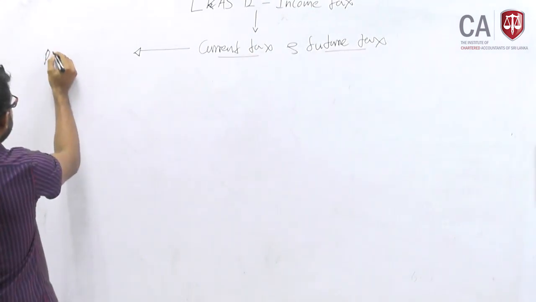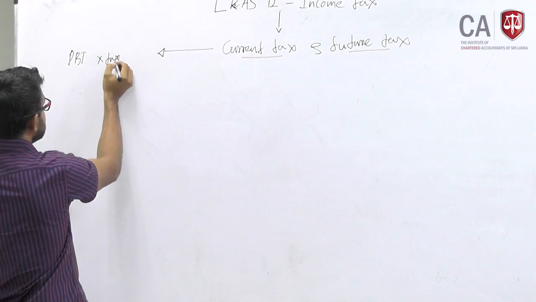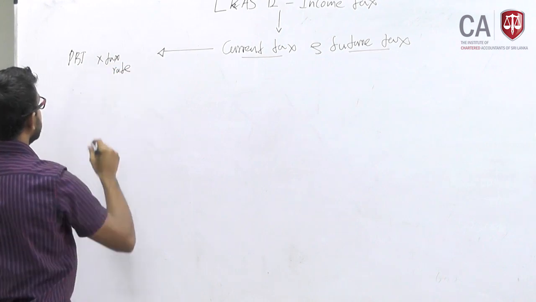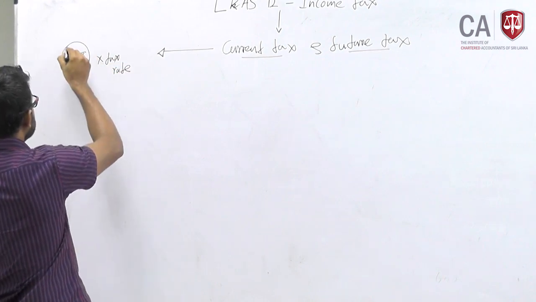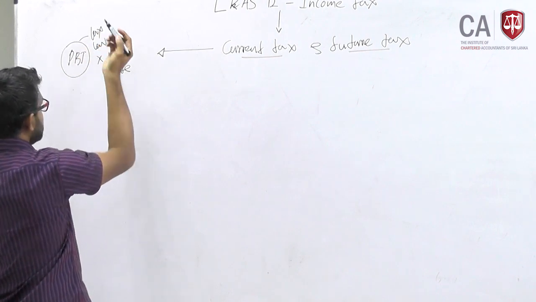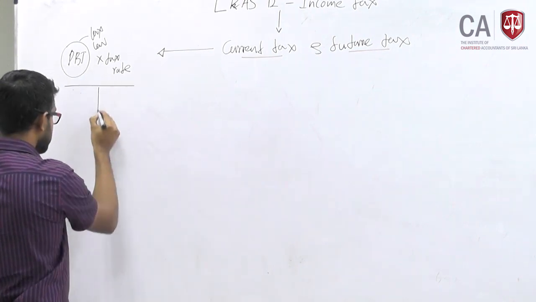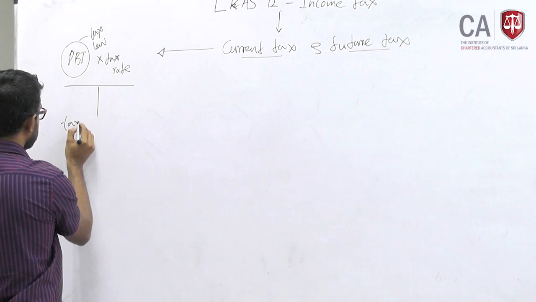You have profit before tax times the tax rate. You have to calculate this profit using tax law. Simple, no? Income tax. And you pay this to whom? Tax authorities.